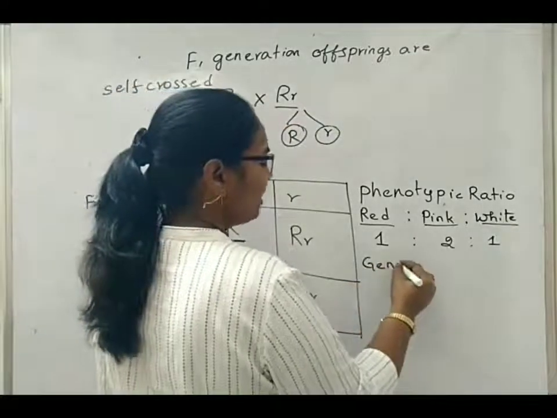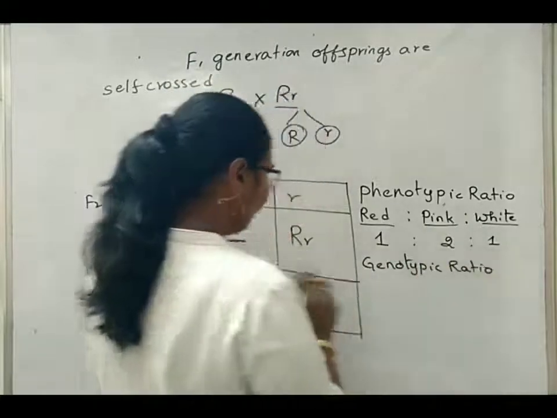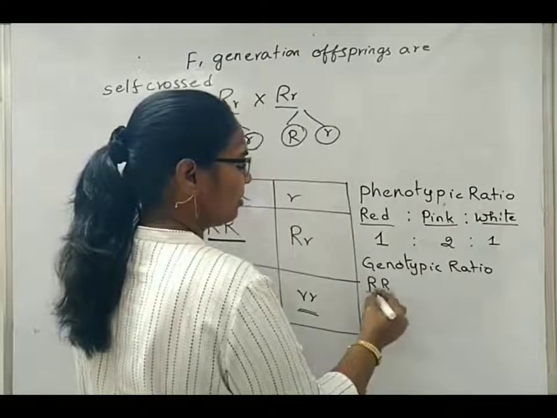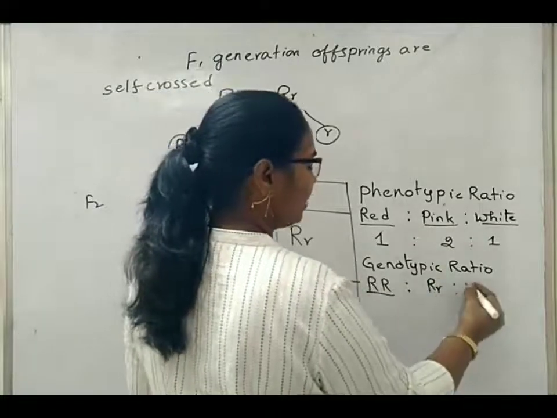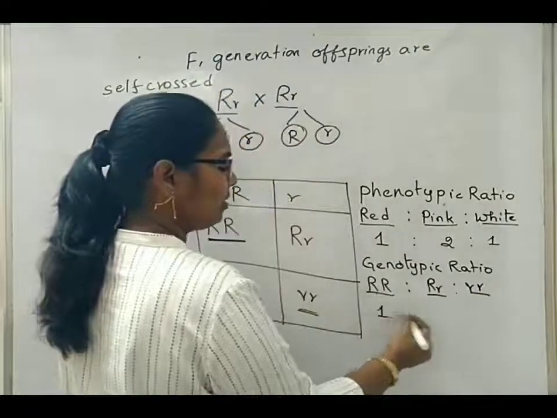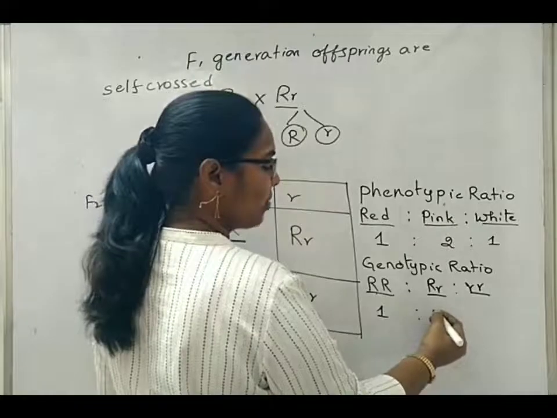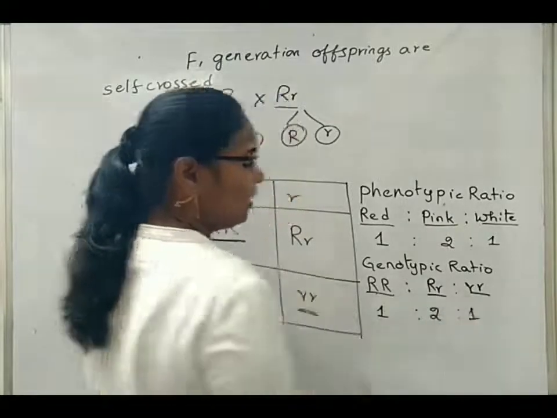Now, genotypic ratio. We can write the genotypes or allele forms of a gene is to homozygous is to heterozygous is to again recessive homozygous type. Now we have seen this one only 1 in number. Heterozygous forms are 2 in number. Again, homozygous recessive types are 1 in number.